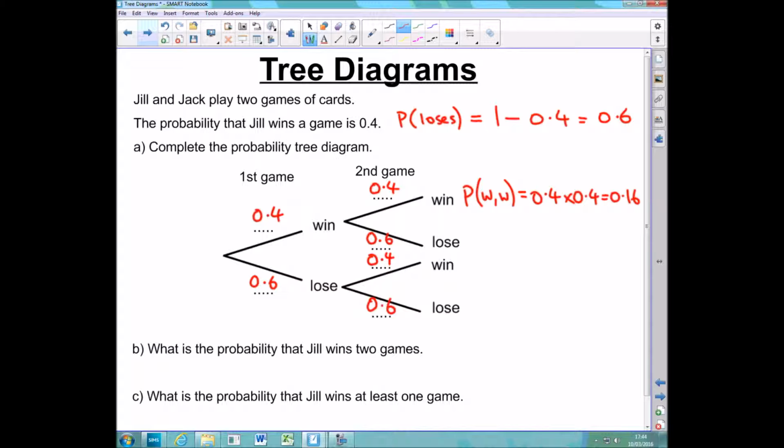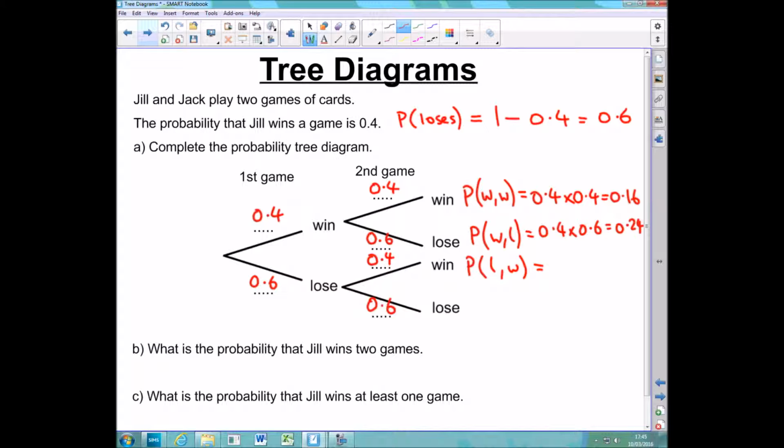We're also now going to look at the one below. Now this is the probability that she wins first, that's why we go up, but then we go down, which means she loses the next game. So again, like above, we're going to times the probabilities, 0.4 times 0.6, which is 0.24. The one below that, we go down first, which means that she loses the first game, but she wins the second. Notice how win-lose and lose-win are seen as 2 different events here.